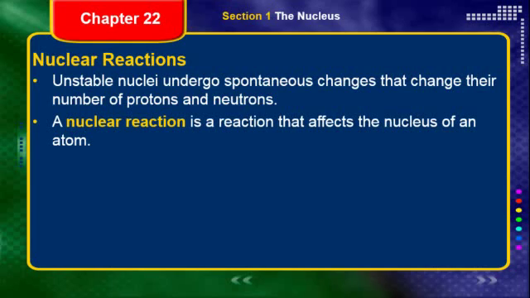So a nuclear reaction is a reaction that affects the nucleus of an atom. We're not necessarily talking about the number of electrons and things like chemical bonding. We're talking specifically about the nucleus itself.